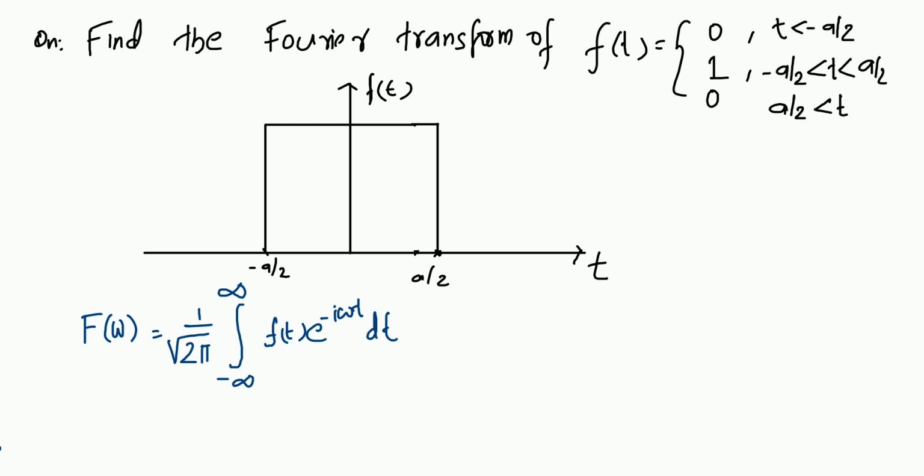Now you take that root 2 pi to the other side, you can write it as root 2 pi into f of omega is equal to, now what is the function?